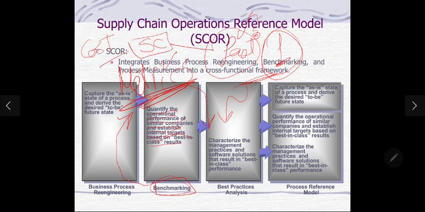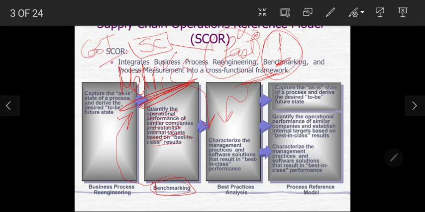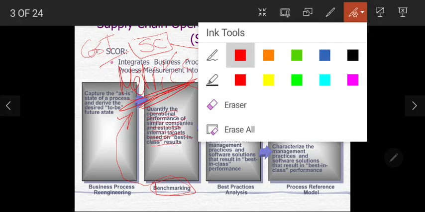That's the meaning of being best in class. So benchmarking, once again, is identifying what to measure, quantifying it, measuring it, and comparing it to others that are better than me or doing well.